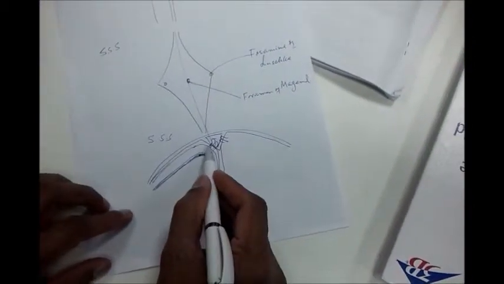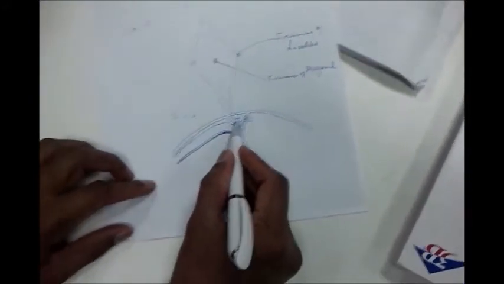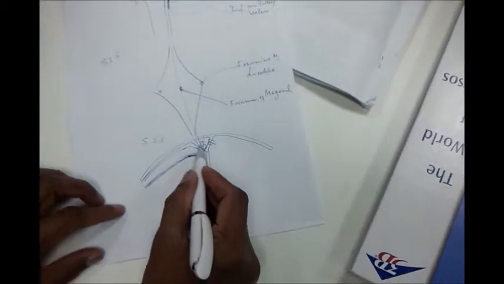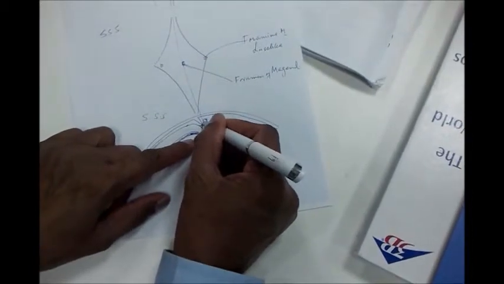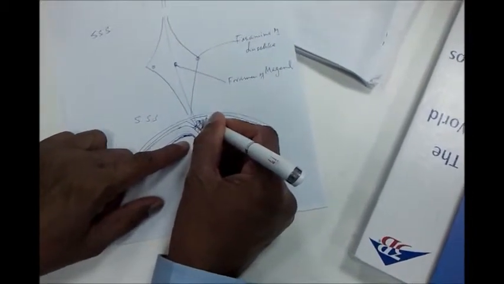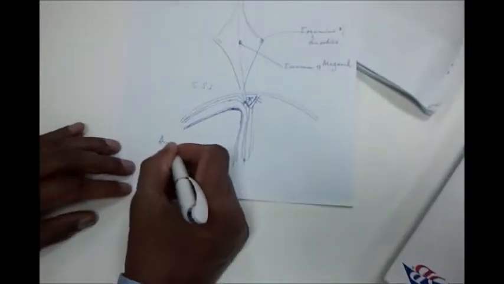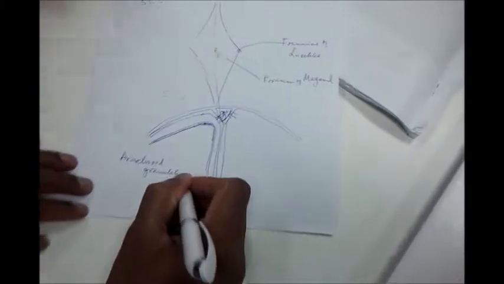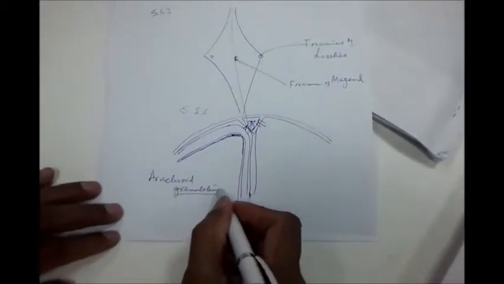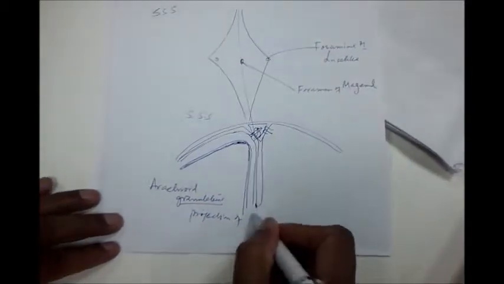When the arachnoid matter goes out, the subarachnoid space also goes out like this, so the fluid automatically goes here. Then there are very small openings in this arachnoid matter, from where the fluid filters out and is constantly added to the blood. So this is the drainage by means of these structures known as arachnoid granulations. Actually, these are projections of arachnoid matter.